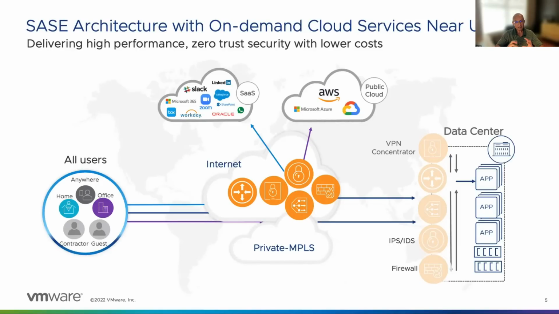So that's fundamentally what SASE is all about, the ability to put all of that together in the public internet, bringing network and security together to be able to use that for the most optimal access to a multi-cloud environment.